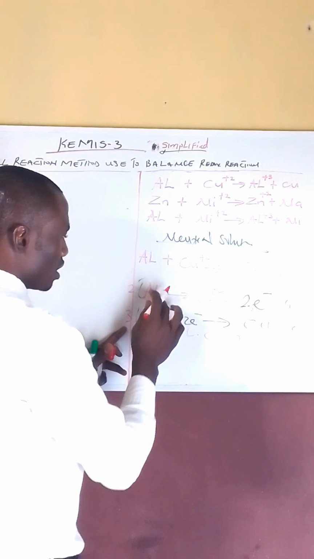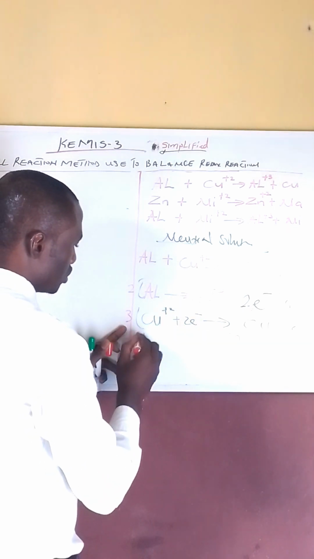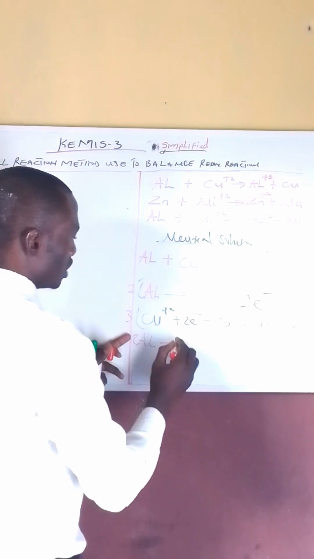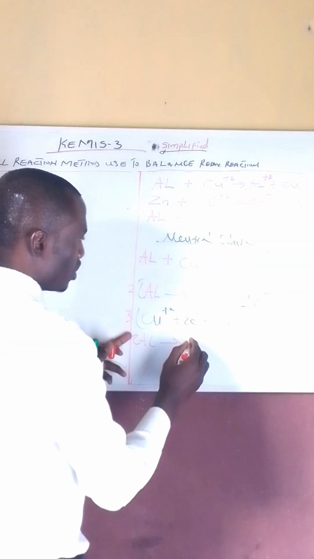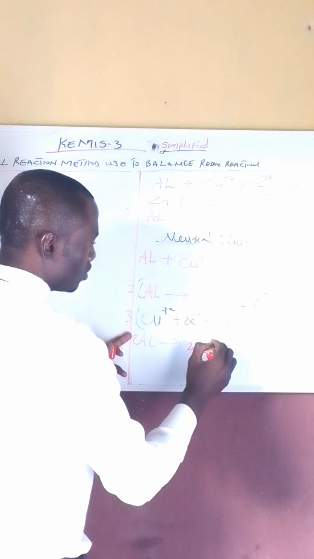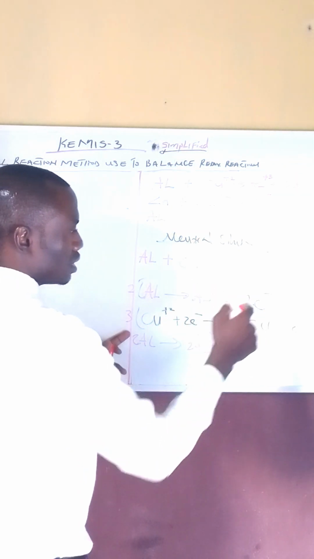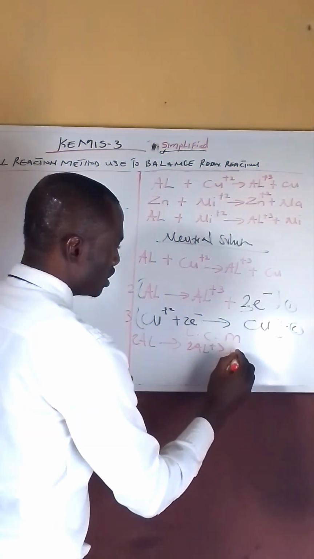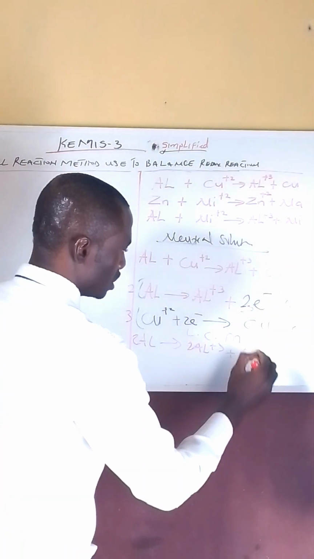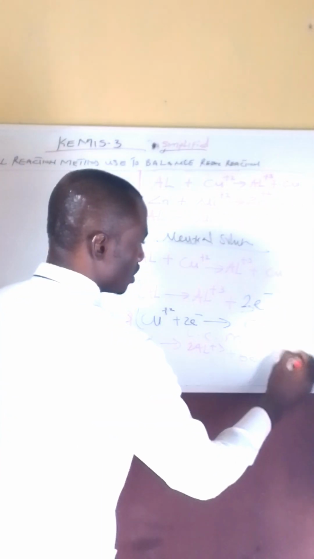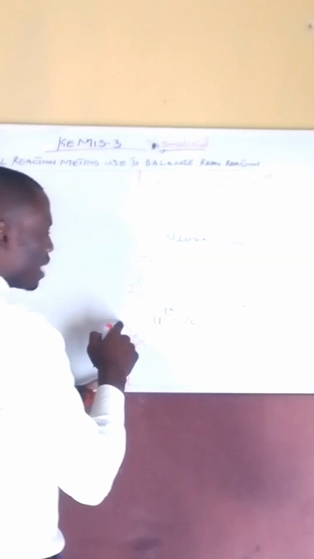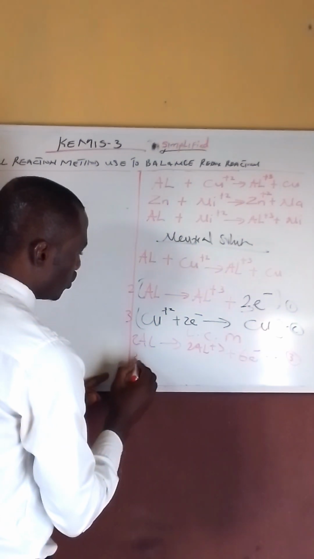So 2 times 1 aluminium is 2 aluminium, and 2 times this aluminium plus 3 will give me 2 aluminium plus 3. 2 times this will give me 6 electrons. Let's call this equation 3. And then I'm going to multiply 3 times this, which will give me 3 of those.